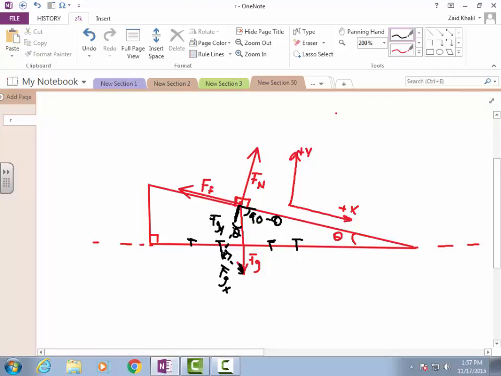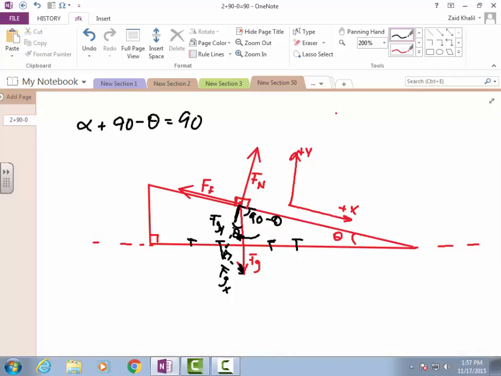That must be theta. That's right, because if we call this alpha, then we have alpha plus 90 minus theta equals 90, which tells you that alpha equals theta. And notice how I use that trick over and over again. I call something alpha, and I show that alpha actually equals what I want it to equal.